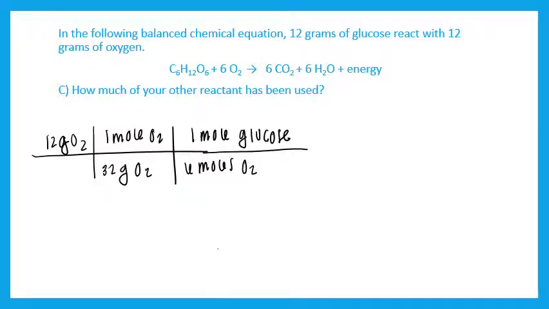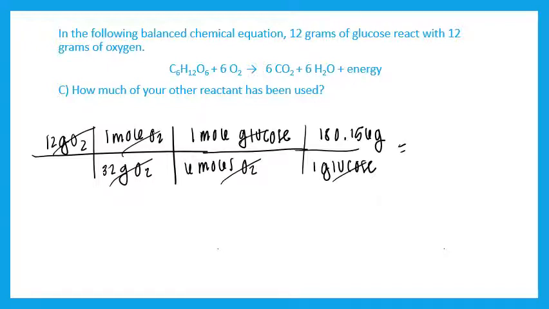Here I'm going from one reactant to another, and all this is going to tell me is with all of my oxygen, it's going to tell me how much glucose I'm going to use. 1 mole of glucose, my bad. Okay, so we get this with sig figs to be 11 grams of glucose, and what this is going to tell us is how much glucose is used. So we are going to use up 11 grams.